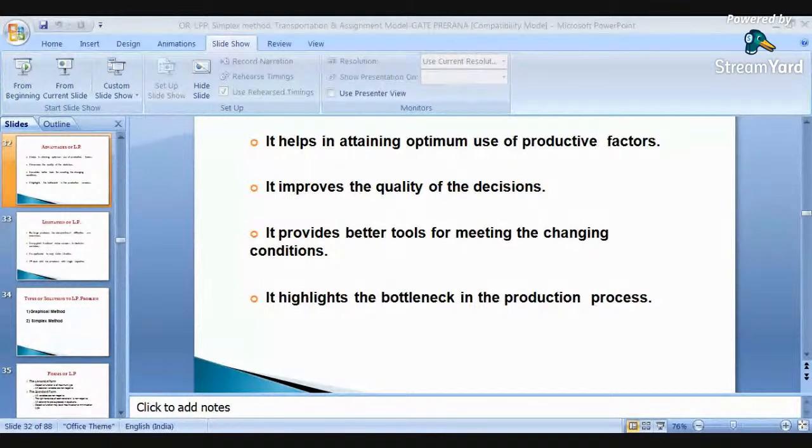You have to enter the numbers Ui and Vj, and by using Cij is equal to Ui plus Vj for occupied cells, associate a Ui with each row and Vj with each column, and compute the opportunity cost for unoccupied cells.